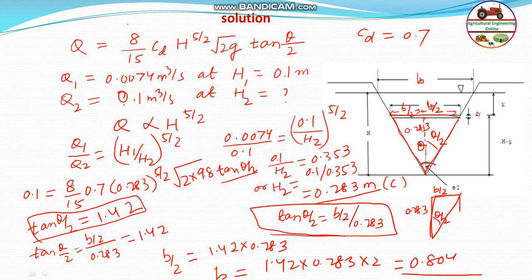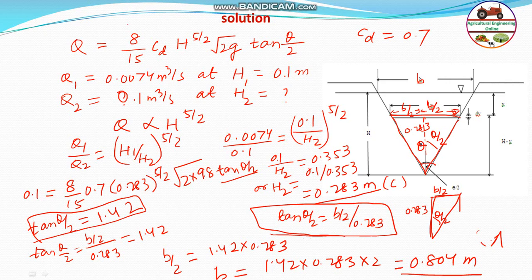So this is the width required, that means the water surface width in the second case. The option given is 0.80, so the answer will be A.